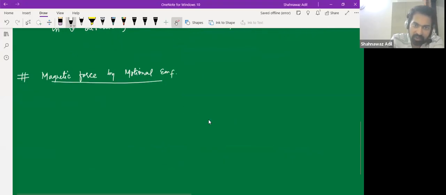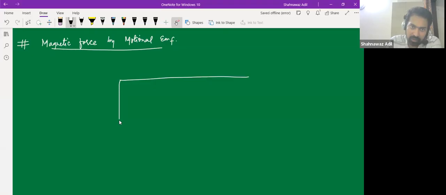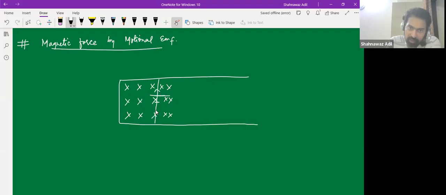So we have this circuit, and this is the direction of the magnetic field, and this is the moving wire, right? And the current is going in this direction.